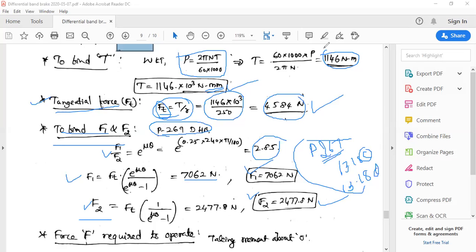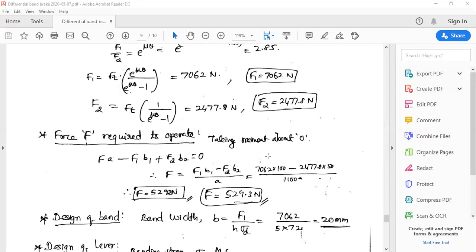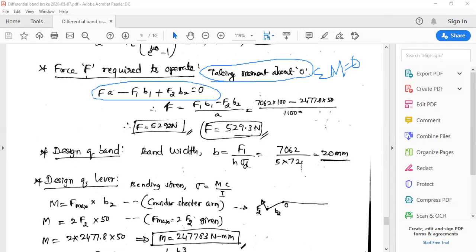Once you complete the calculation of F1 and F2, the fourth step is to calculate the operating force, that is the actual force. Again take the moment about the fulcrum point, take the summation of moments and equate it to 0. The resulting equation is FA minus F1B1 plus F2B2 is equal to 0.